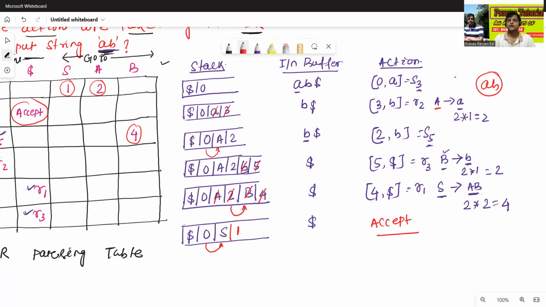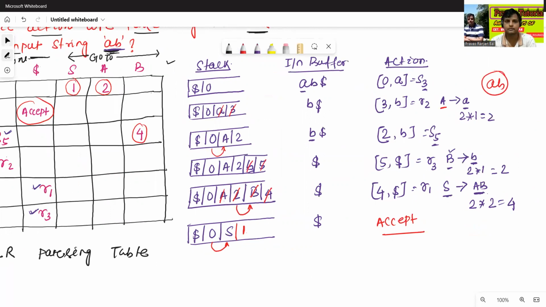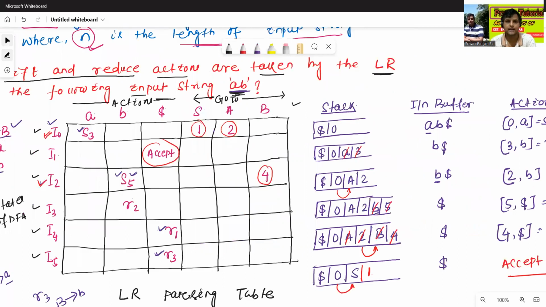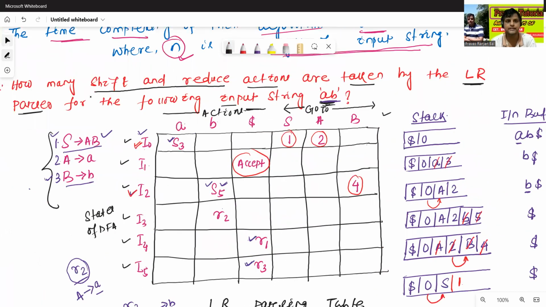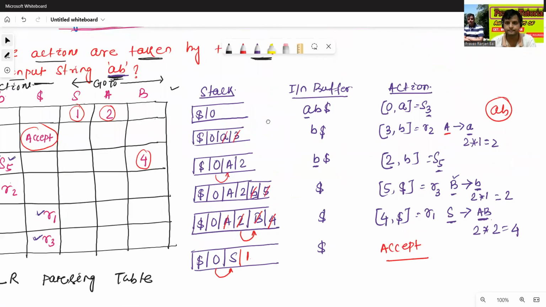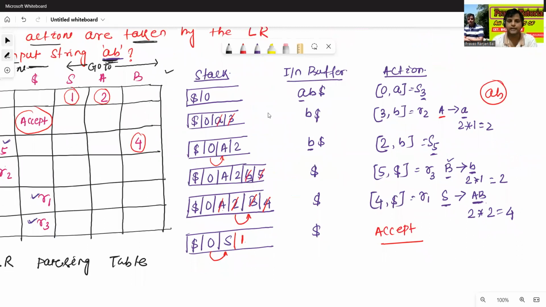So the input string is accepted by the ALR parser. Now the question is how many shift and reduce actions are taken by the ALR parser. We'll count the total actions: 1, 2, 3, 4, 5, 6.